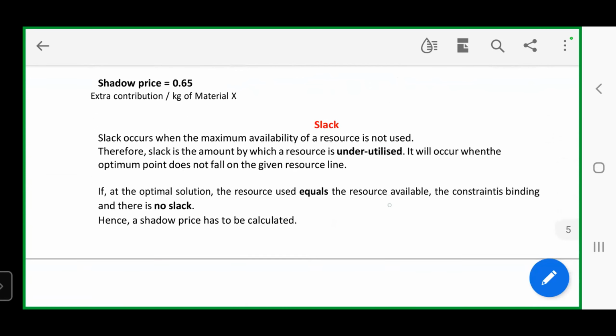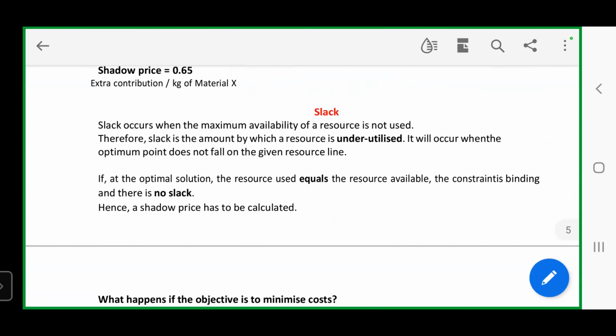Having said that, let's quickly talk about slack, basically under the simplex method. A slack occurs when the maximum availability of resources is not used.